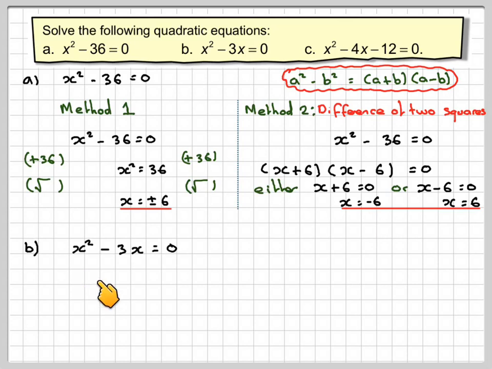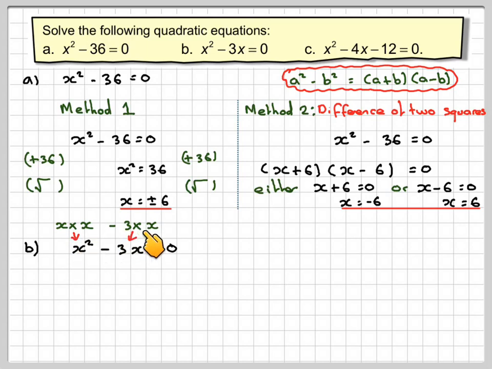So B, we've got x squared minus 3x is equal to 0. We've got no number on the end of this quadratic like in part C, so we can factorise this. So x squared is written as x times x. Remember that x squared is x times itself, not 2x. And then we've got minus 3x, that's 3 times x.